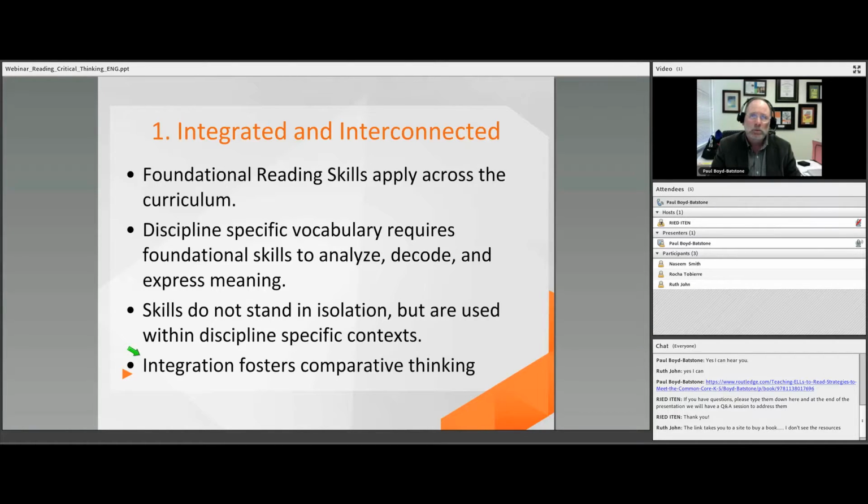And how do we use words in poetry and the arts? There's a comparison there of discourse styles and of perceptions and meaning. And teaching our reading across these subject areas helps foster that sense of comparative thinking, which allows us to think critically about what we're learning. Let's move on.